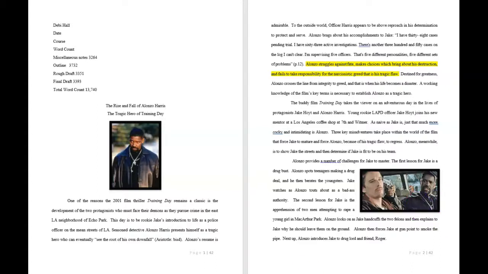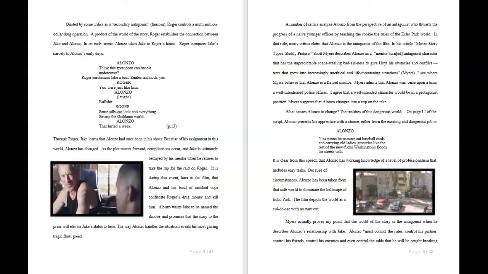So the first section is the film summary. And because of the subject matter of this essay, many people say that Alonzo is actually the antagonist of the film. And so I have to prove that he's actually the protagonist of the film, because this is a buddy story.